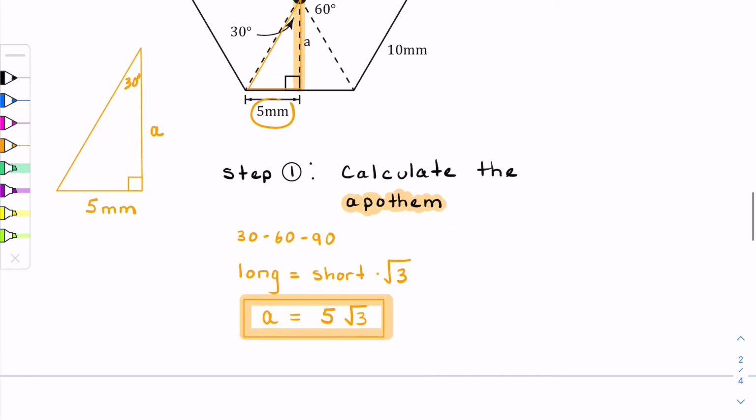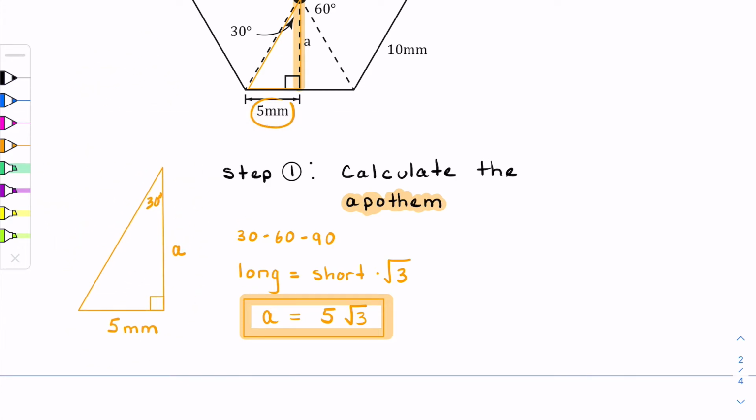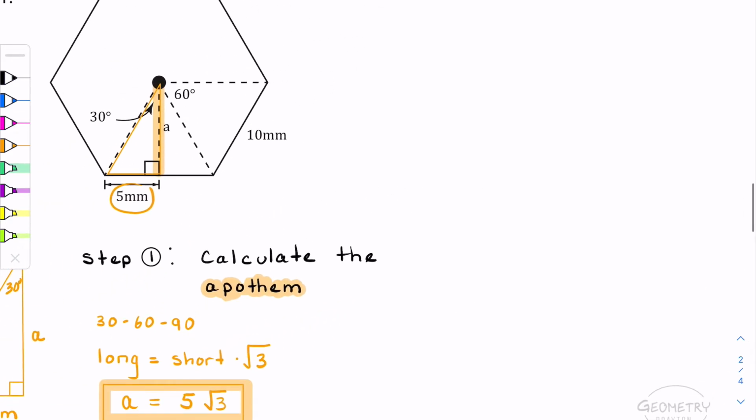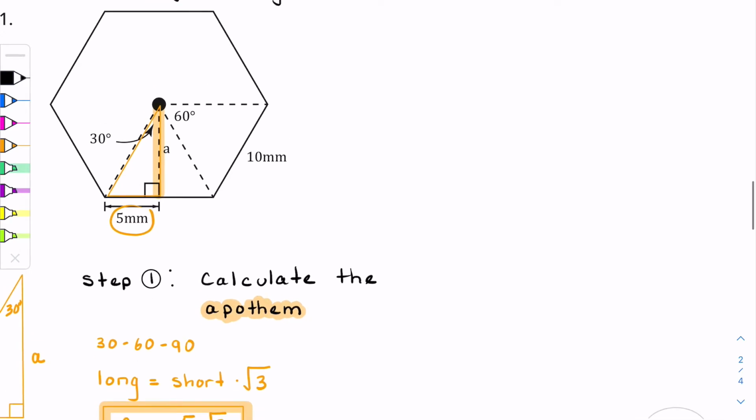Okay, after we calculate the apothem length, so after we use our triangle that's within the figure and calculate that, the second step is going to be to calculate the perimeter, which we should all know how to do fairly easily at this point.